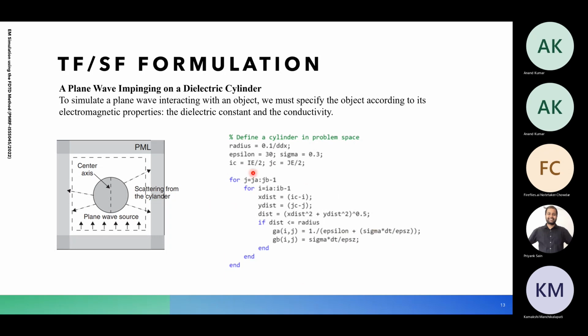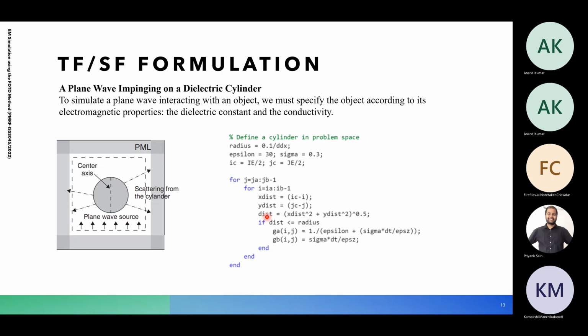If you comment this part out of the code, the cylinder will vanish, and if you change the radius, the cylinder will become bigger, and the coefficients will be modified for longer distances. If you want a rectangular patch, for example a cuboid, all you need to do is run the loop from j to jb minus 1 and check the distance for a square.